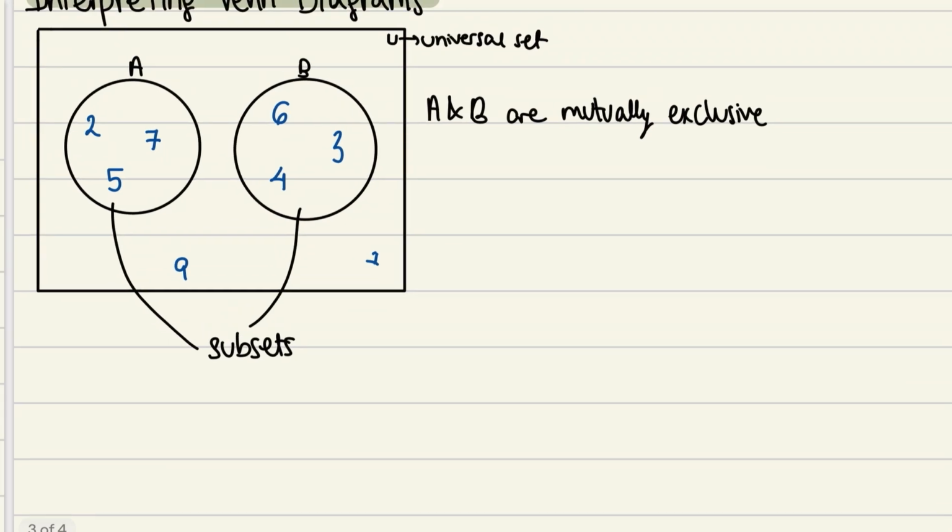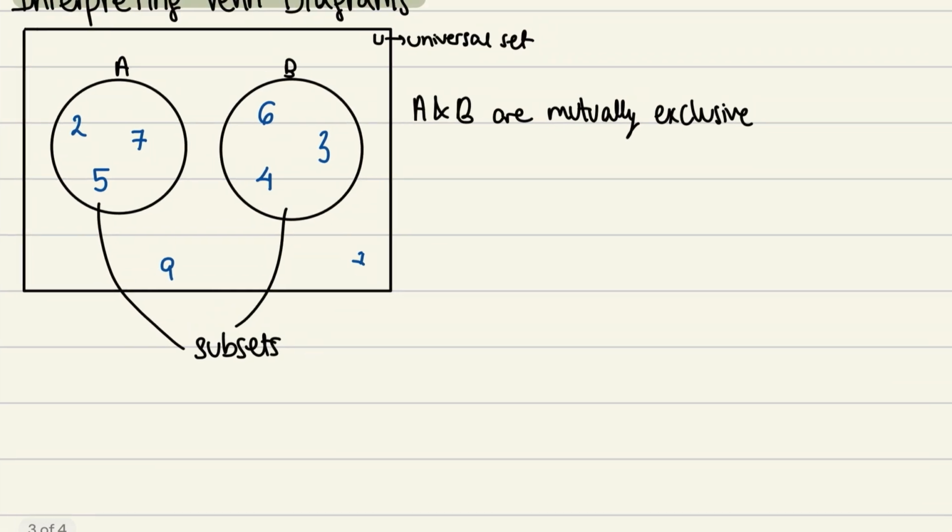And then 9 and 1 are just elements that belong to the universal set, but neither of these two subsets.